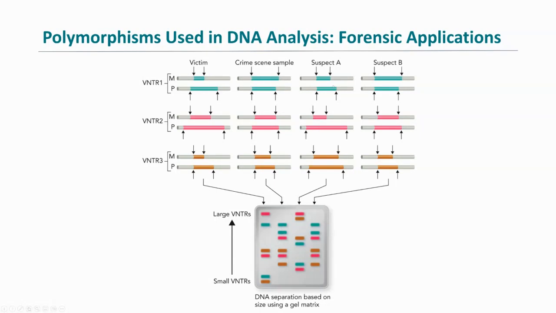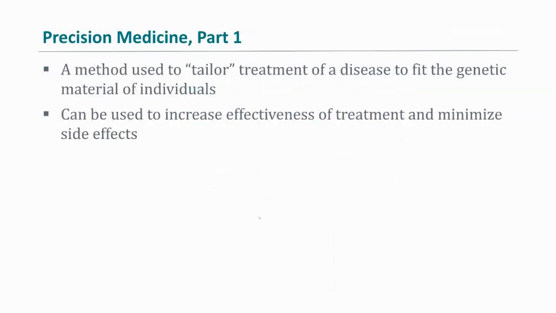Suspect A has short and long, and suspect B has long and long. So suspect B matches the crime scene sample. And also if you look at VNTR2, suspect B also matches this pink one and then the brown one. So this is the application of polymorphism in forensic science. Okay.